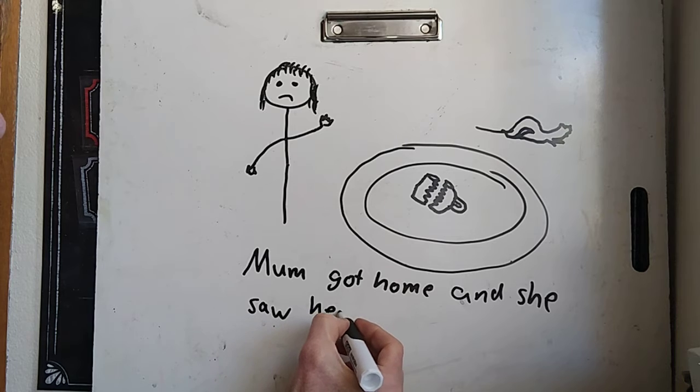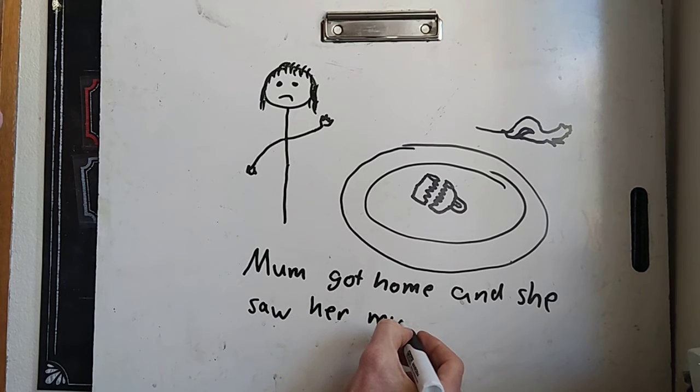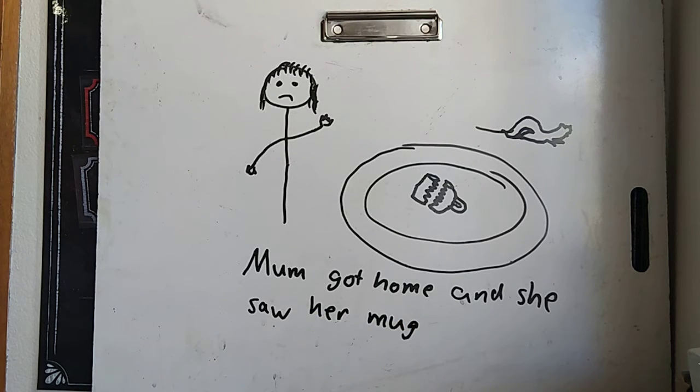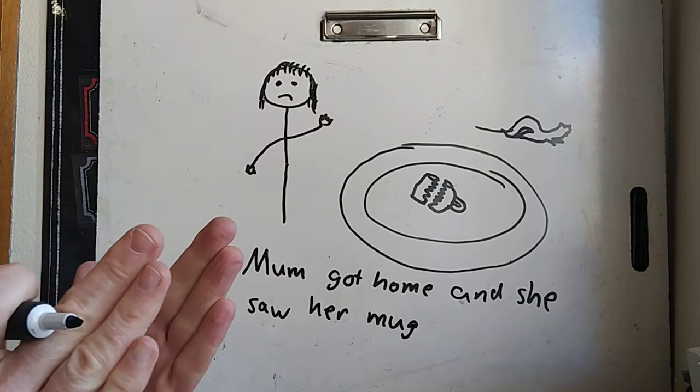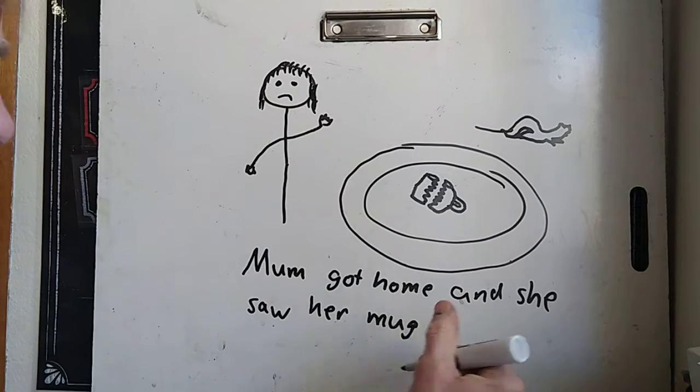Her mug, not just on the floor. What is it on the floor? Broken. Now this is a longer word. We're going to have to sound this one out. Slow it down. Brr, brr, brr.